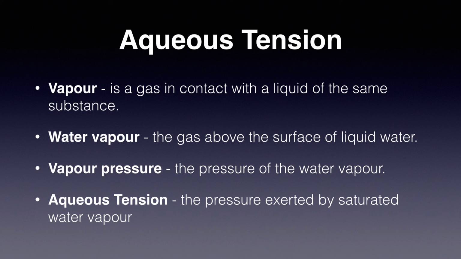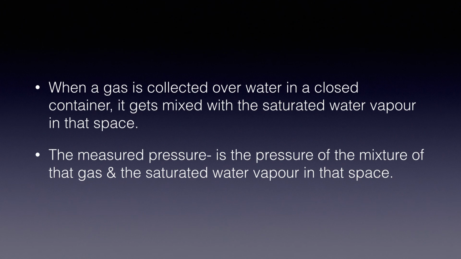So always remember, aqueous tension is simply the pressure exerted by the water vapor. By the name you can understand: whenever we say aqueous solutions, something made in water is said to be aqueous. So aqueous tension is nothing but the pressure exerted by water vapors, and it is given by P aqueous, P_aq.